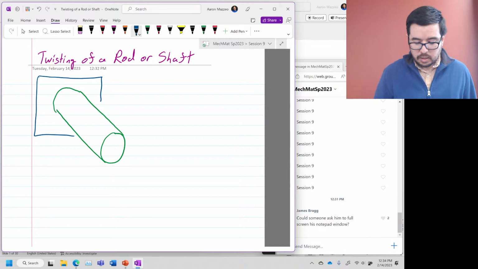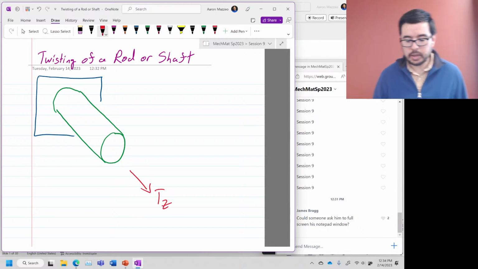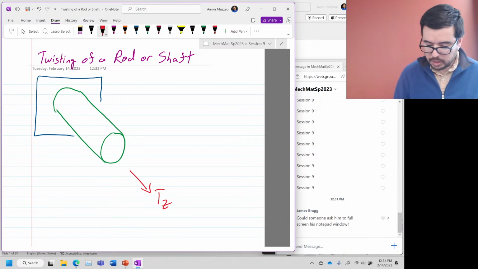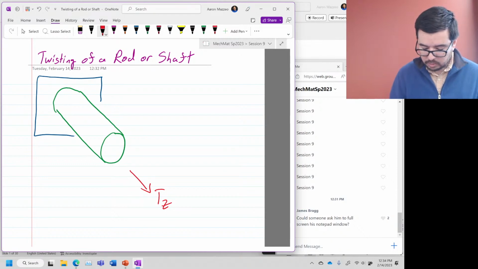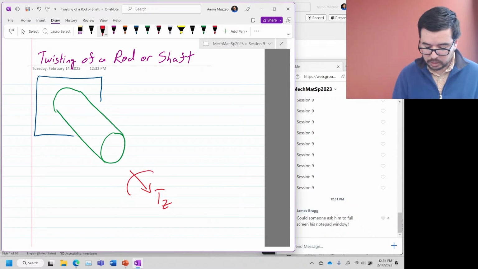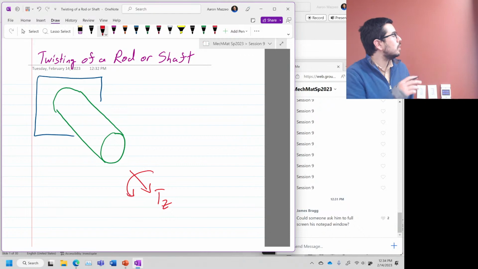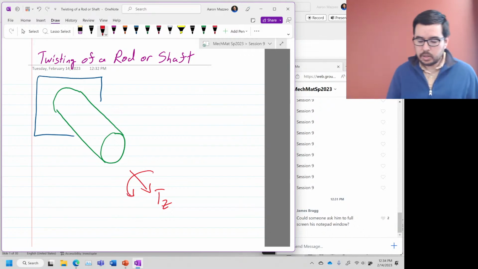And we'll say that we're applying some torque Tz. All right, so right hand rule, what does that look like? That looks like something like that. Okay? Or like this, if you want. Okay, it's all Tz. That's being applied to the end.